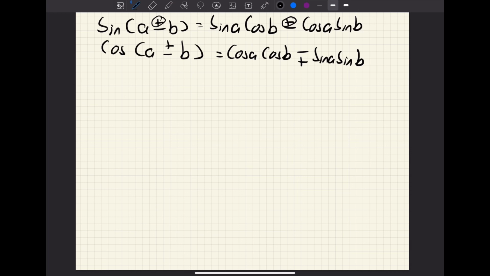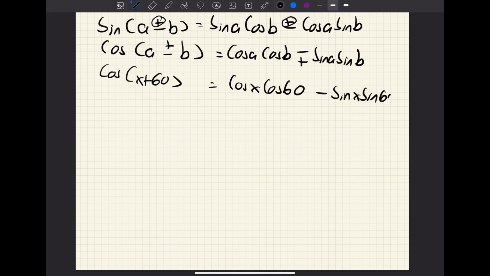Let's solve another example. We'll do the same thing this time, cos x plus 60. Since I wrote plus, you can already guess what we would write on the right hand side. It would be minus. So we'd have cos x cos 60 minus sine x sine 60.